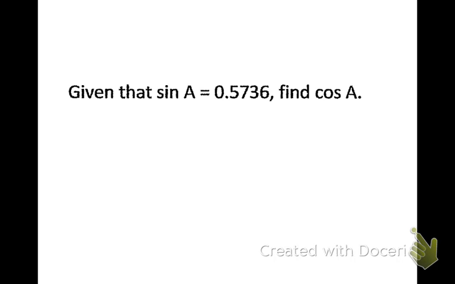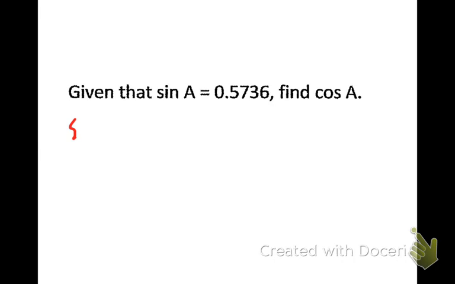Okay, given the sine of A equals 0.5736, find the cosine of A. Which trig function or trig identity could I use of these last two? Shatise? Sine squared A plus cosine squared A equals 1. Yeah, I can use that one.